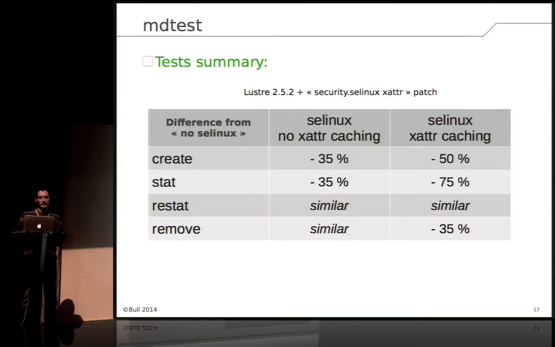The second conclusion of those tests is that, in the end, the performance at maximum is lower by 1/3. So this is pretty good news. We know that we have a limited impact of SELinux over metadata performance.